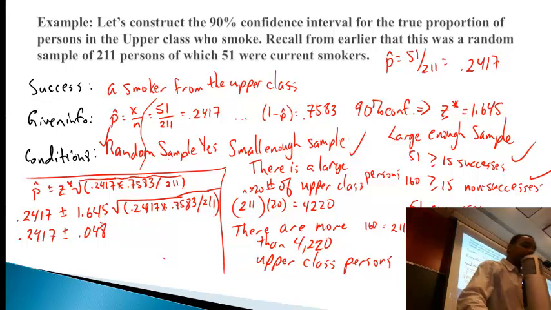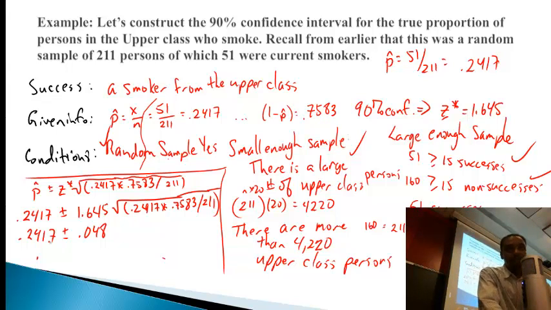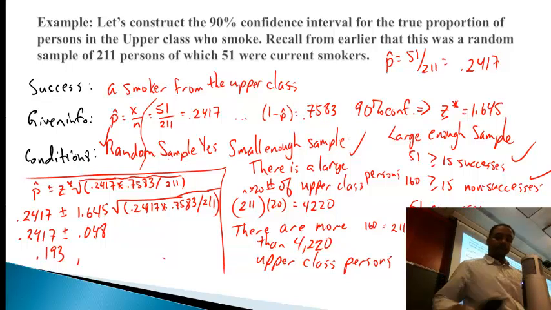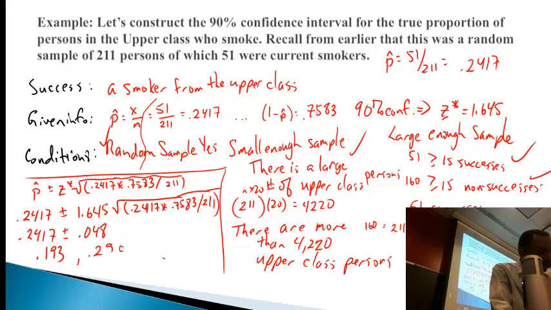So 0.2417 plus 0.048, 0.2417 minus 0.048 should get you to a range of something like 0.193 to 0.2417 plus 0.0485, and 290 or so. Something like that. Let's go at 0.29.